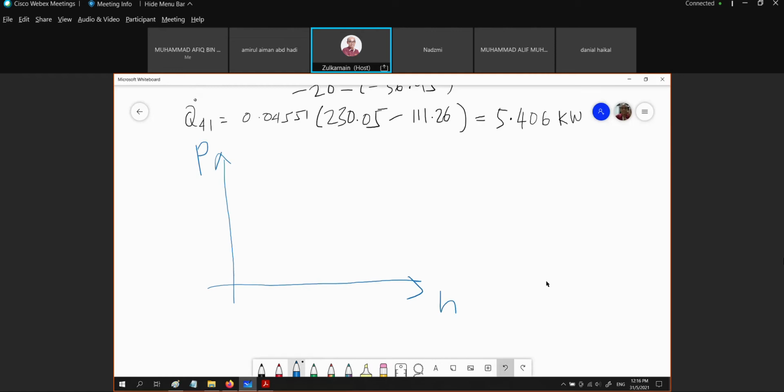Why we need to get the pressure against enthalpy? Because we know that every Q and W is involving the enthalpy. So when we draw our saturation line, this is how we draw our saturation line.